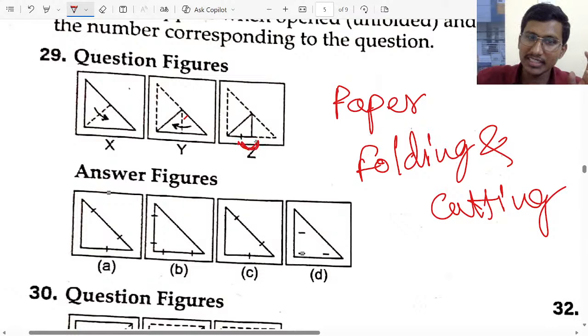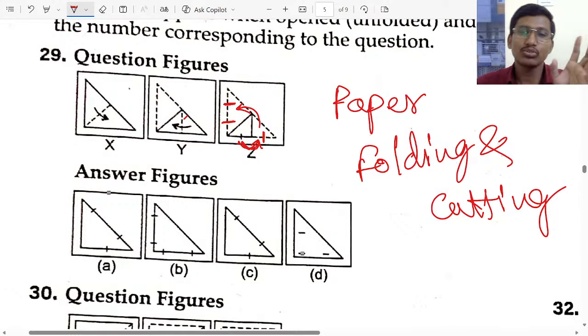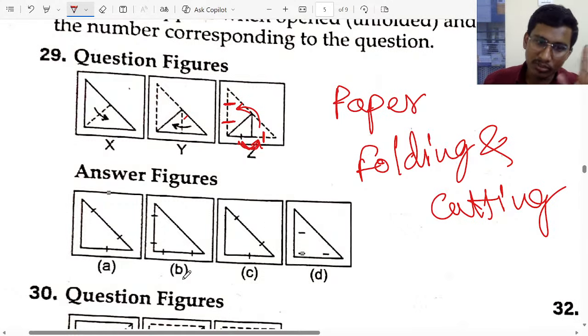If you open this side, there will be one more mark here. Then again you have to open it up. So if you open these two up, there will be two marks, so a total of 4 marks will come. So 4 marks means option B is the correct one.